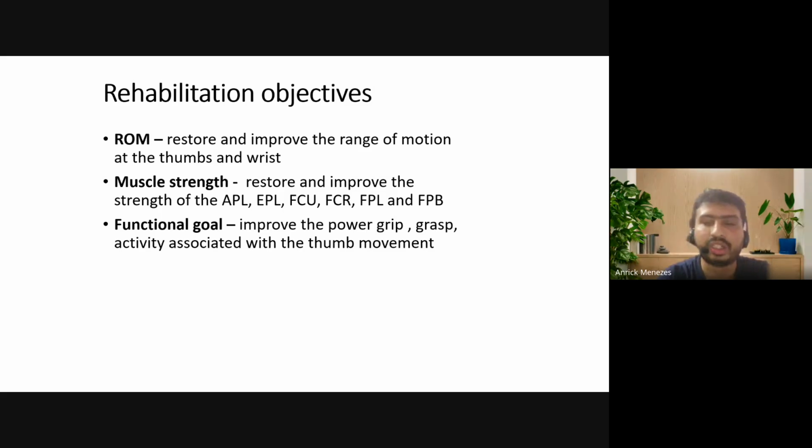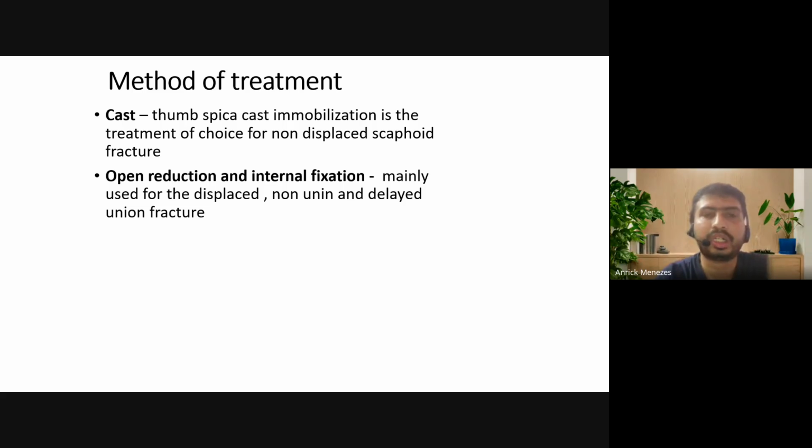You may have already studied prehension and power grip in biomechanics, so using those concepts you can work on how to improve individually. That would be interesting. Method of treatment: thumb spica cast immobilization is the treatment of choice for non-displaced scaphoid fracture. Open reduction and internal fixation is mainly used for displaced, non-union, and delayed union fractures.